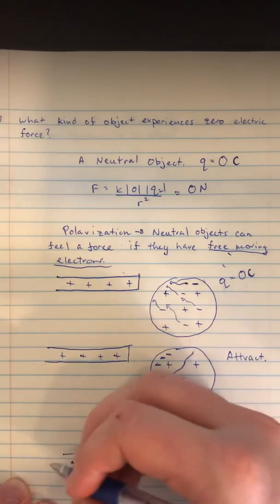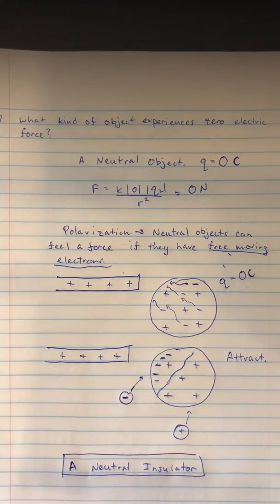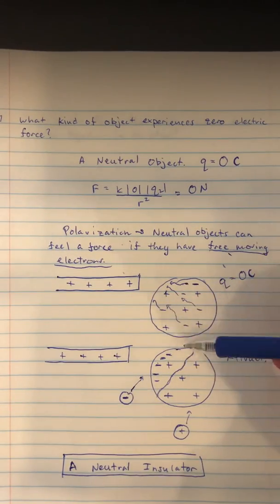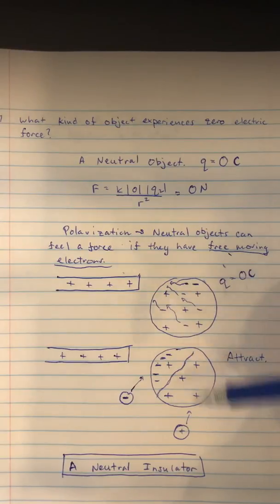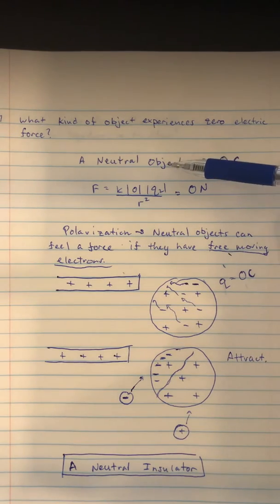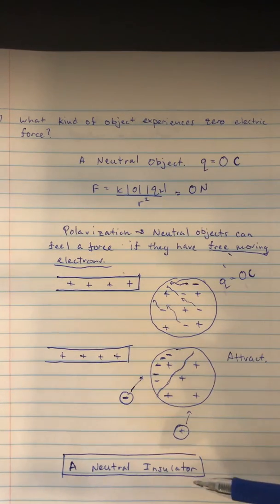A neutral insulator will never feel an electric force. A neutral conductor could have polarization happen. A neutral insulator will never have that happen. So neutral object is almost right. A neutral insulator is 100% right.